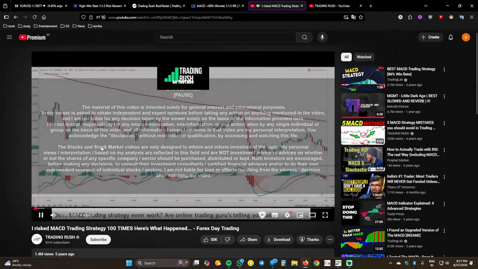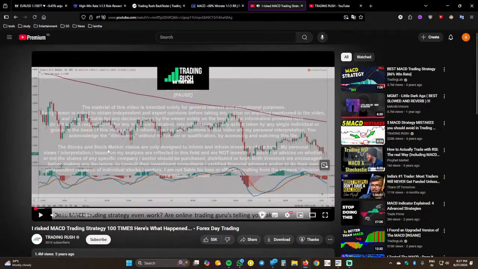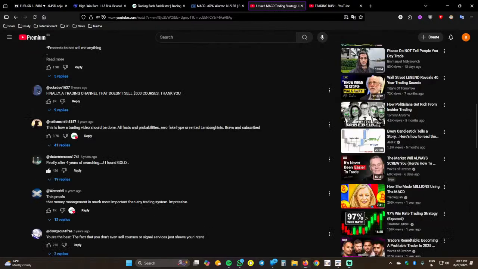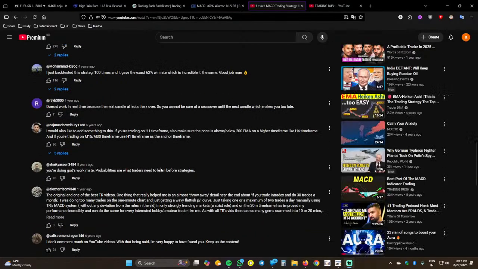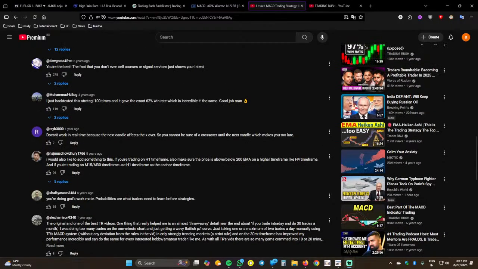Does MACD trading strategy doesn't work in real time because the next candle affects the crossover, so you cannot be sure of a crossover until the next candle, which makes you too late.